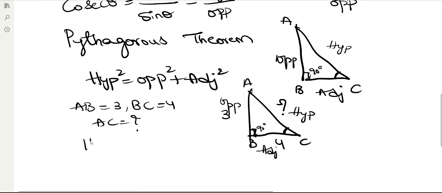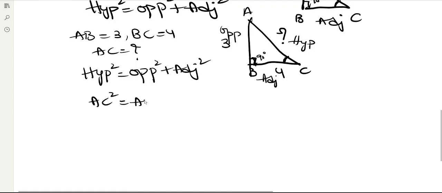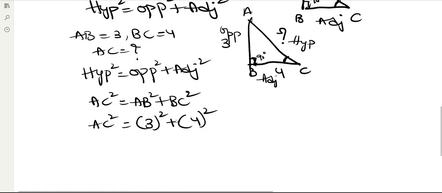So here we use the Pythagoras theorem, which states that hypotenuse square equals opposite square plus adjacent square. Here the hypotenuse is AC square, the opposite is AB square, and the adjacent is BC square. We don't know the AC value, so we substitute AB as 3 square plus BC as 4 square.